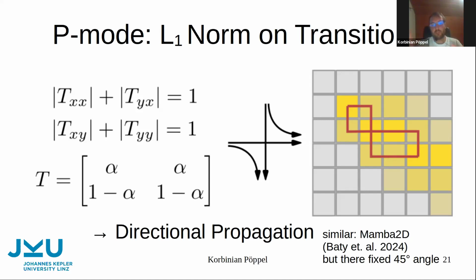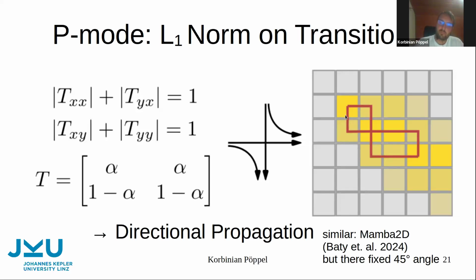Now, I told you this is not the only way of how to stabilize this, because what is the problem here? We can only move along one line. If we have this top left pixel here or patch, and we want to propagate information to all causal children of this input patch, we cannot do that with the P mode because we can't just move along a line.